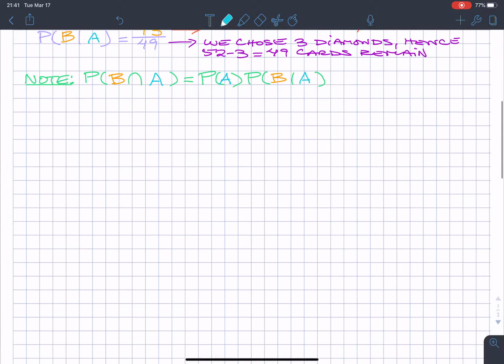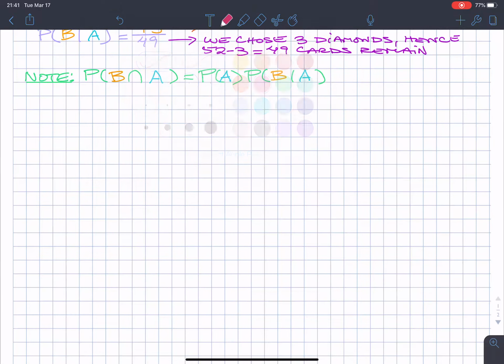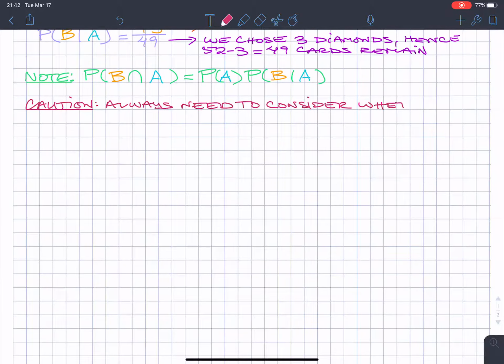Okay, so I need to caution one thing. Caution or caveat. So we always need to consider whether A and B are overlapping events.